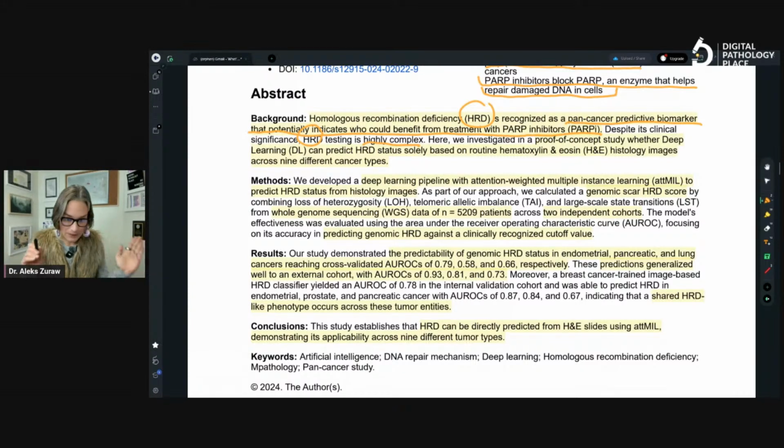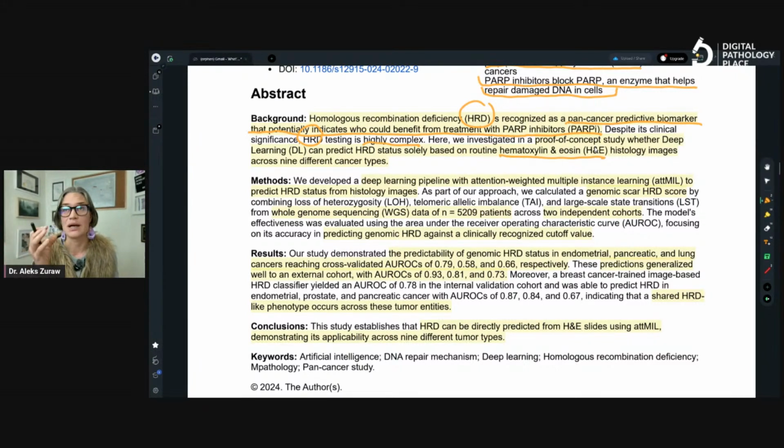Okay, so HRD, right? Mutational status. Because this calculation is complex, they wanted something based on H&E, and that's another application holy grail of digital pathology, where you can either bypass molecular in a way or direct it.